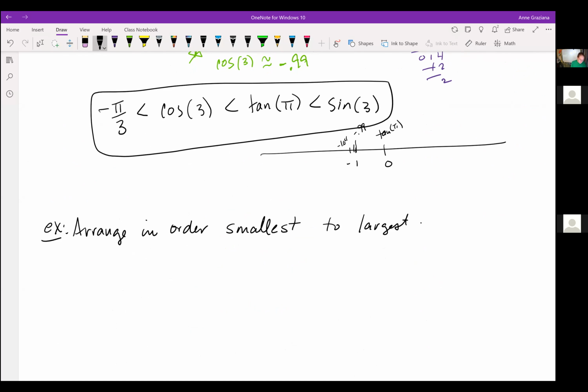Okay. Let's try this. Sine of 5, cosine of 5, log base 5 of 6, and tangent of 2 pi.